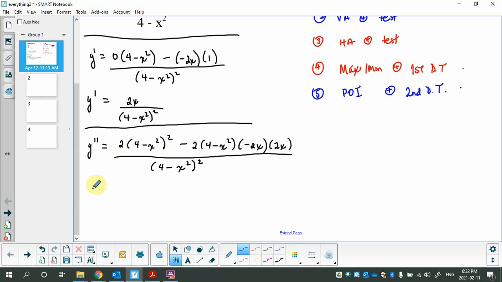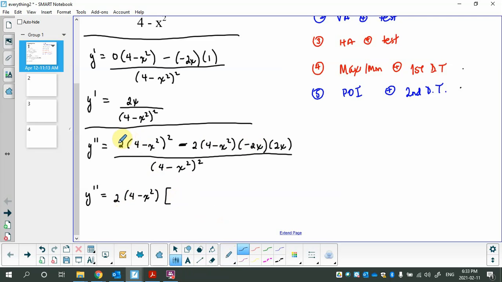Over the bottom squared. So when I look at this, I see that there is a 4 minus x squared bracket before and after the plus sign. So I'm going to take one of them out without cleaning it up. And there is at least a 2 in both before and after the plus sign. And I'm going to take out one of them, not two of them. See how bad typos can make things?